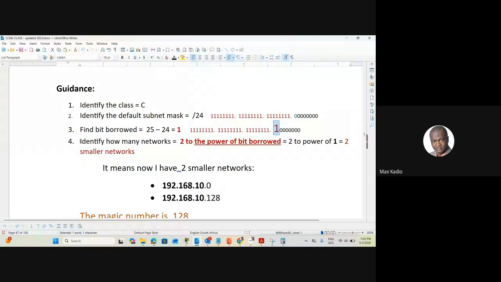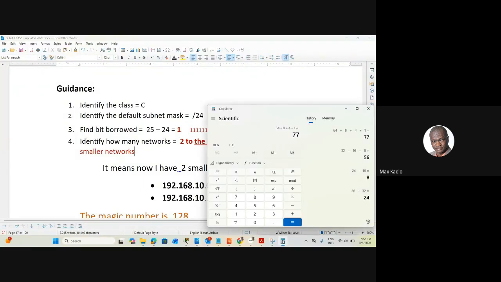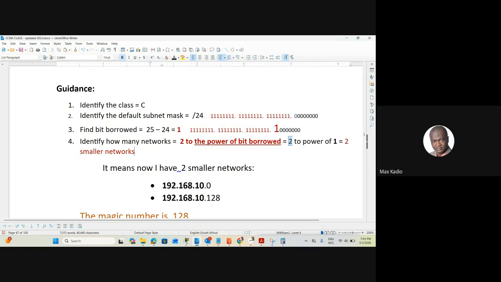To do that, there is a formula: 2 to the power of bits borrowed. You take your calculator and compute 2 to the power of how many bits I borrowed. I borrowed 1, and the value is 2. It means 2 to the power of 1 is 2 smaller networks. If I'm in my default subnet mask, it's only 1 big room.